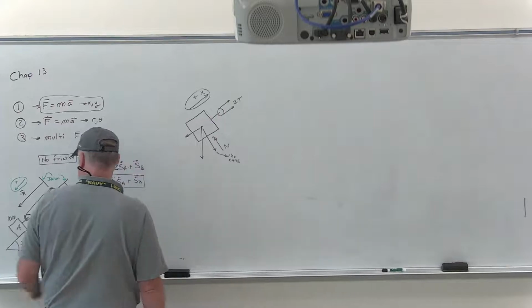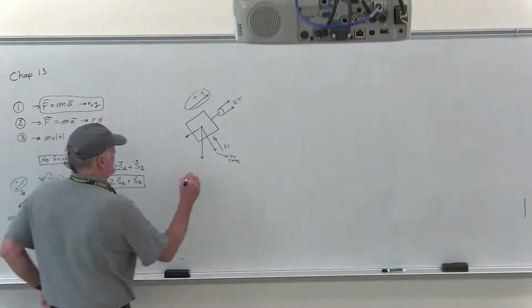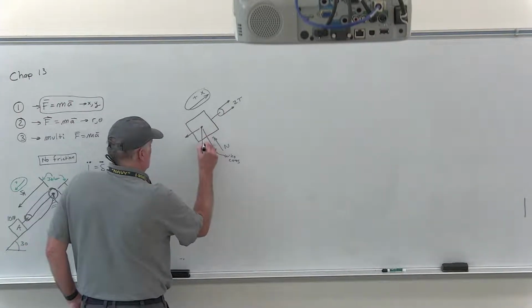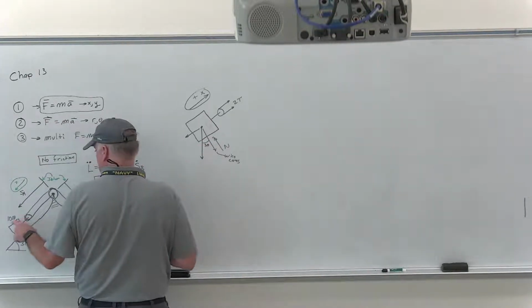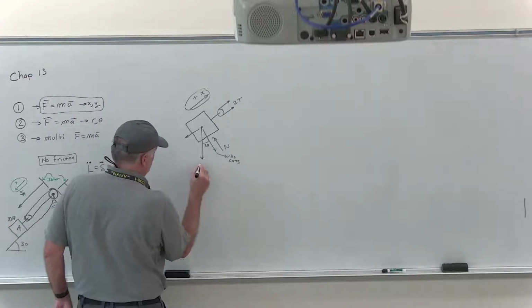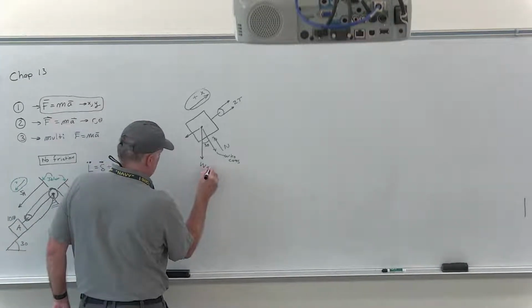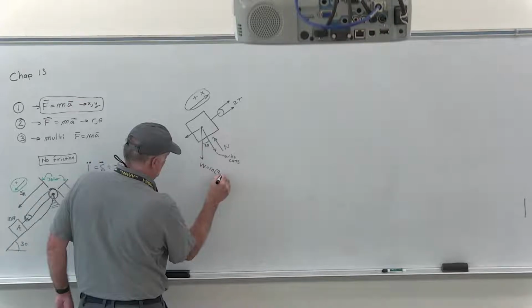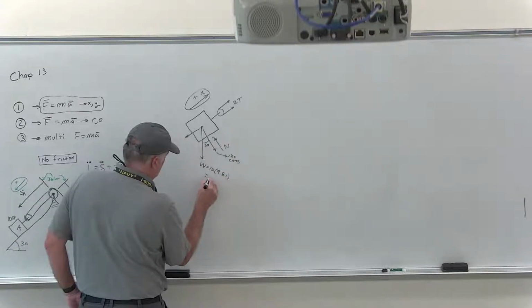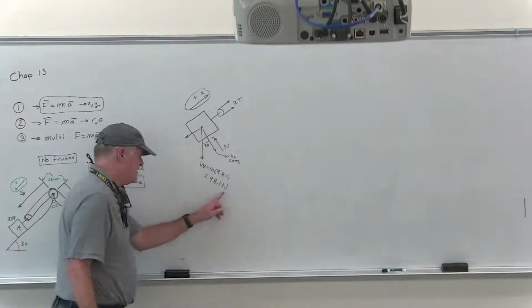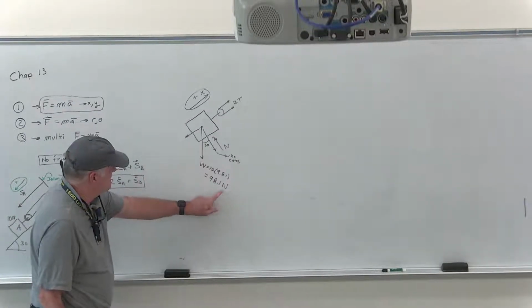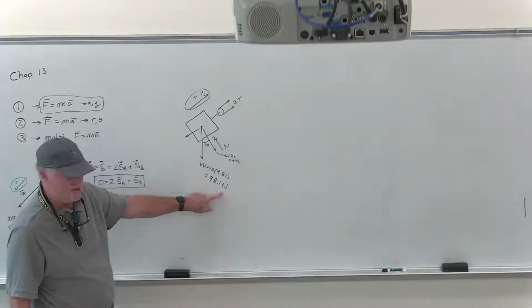So I said this was 30 degrees, and that's 10 kilograms. So this weight is equal to 10 times 9.81, or 98.1 newtons.